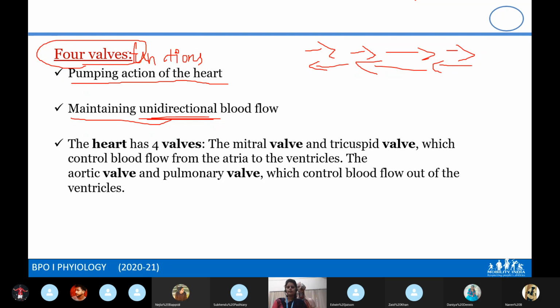If it is multi-direction, you can't say when the blood will move in which direction. And all these things are natural. You can't question why it is unidirectional. This is the natural, general mechanism of each and every human body or animal body.